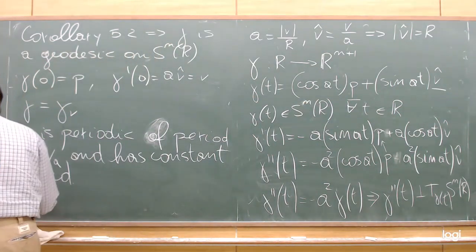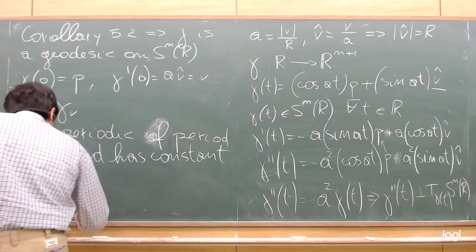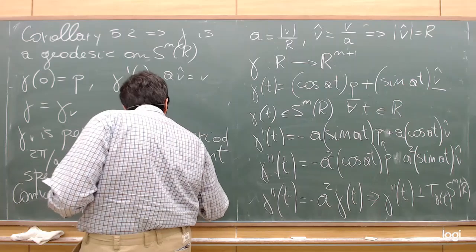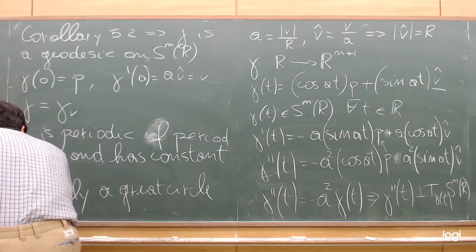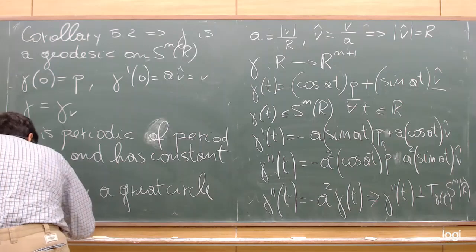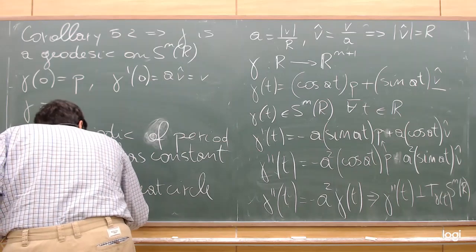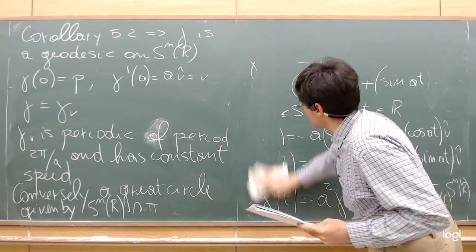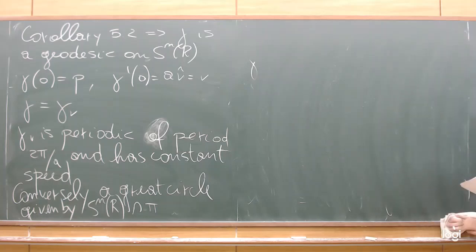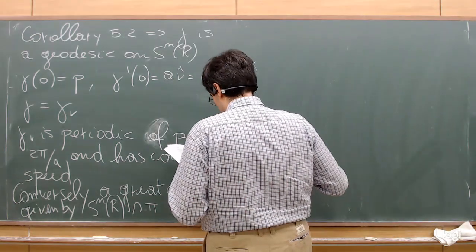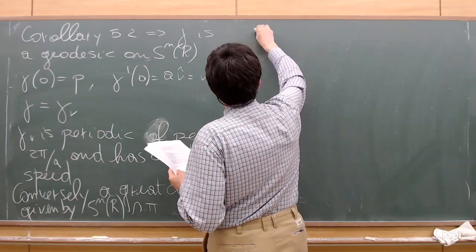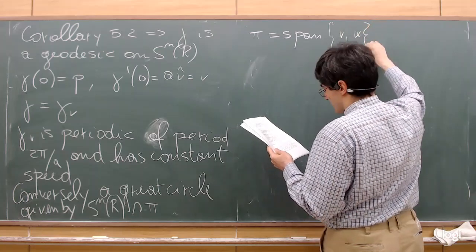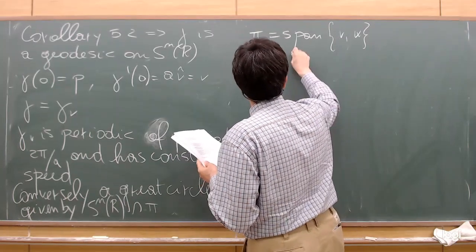Then conversely, a great circle given by S n R intersection pi, where pi is spanned by V, W. Precisely, V, W is an orthonormal basis.